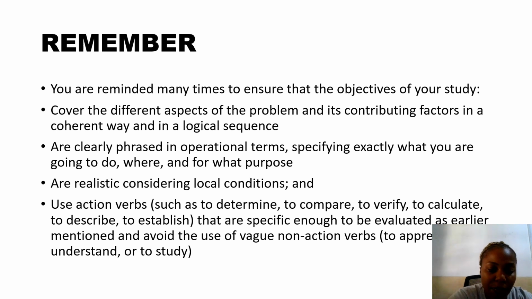So you start from maybe the simplest aspect of the problem, moving to the complex aspect of the problem. And they are clearly phrased in operational terms, specifying exactly what you are going to do, where and for what purpose. Realistic, like I said earlier, considering local conditions.